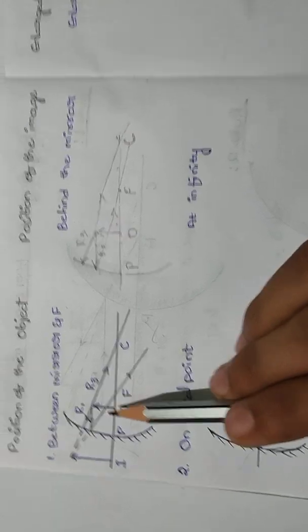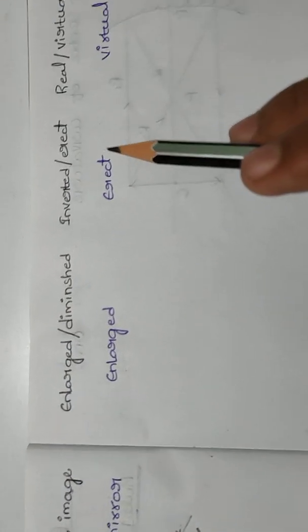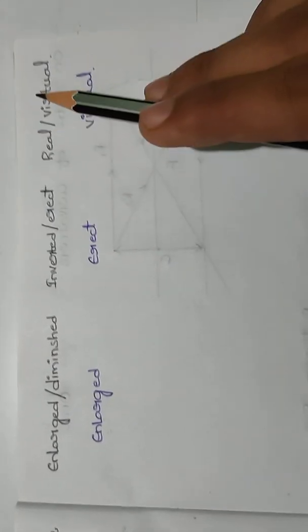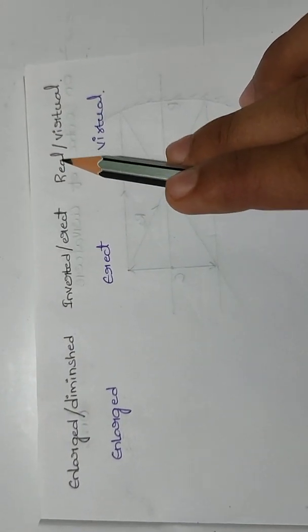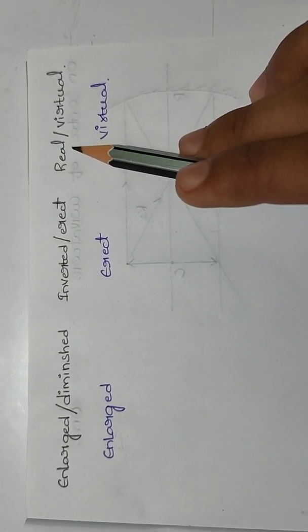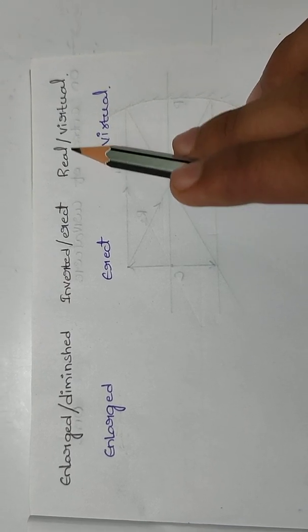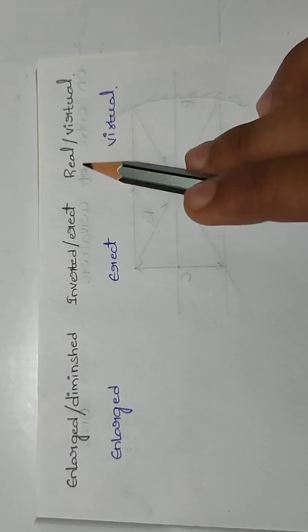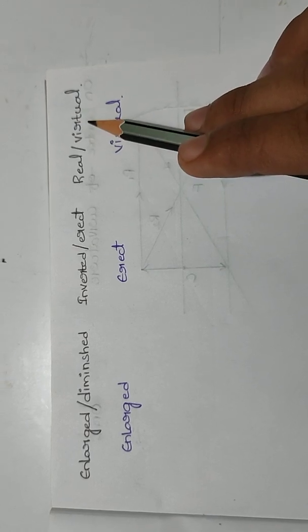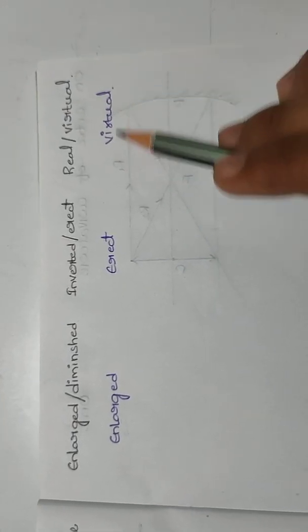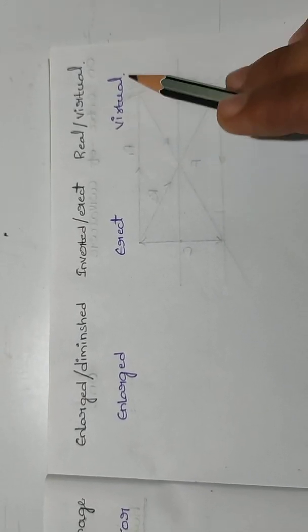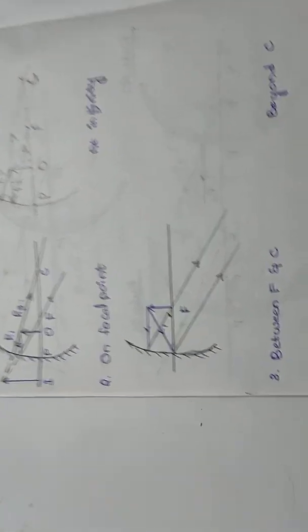I told you an image which forms on the paper or screen in front of the mirror would be a real image, but this is behind the mirror, which means it is a virtual image.